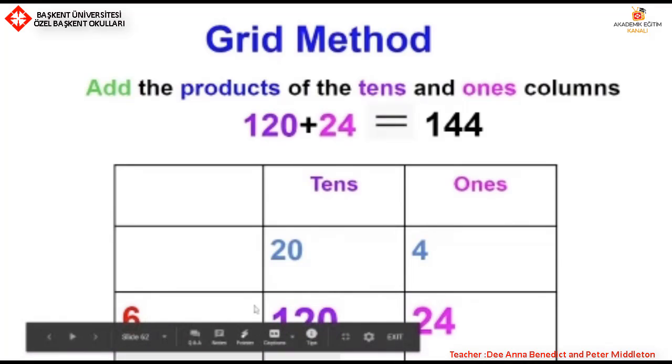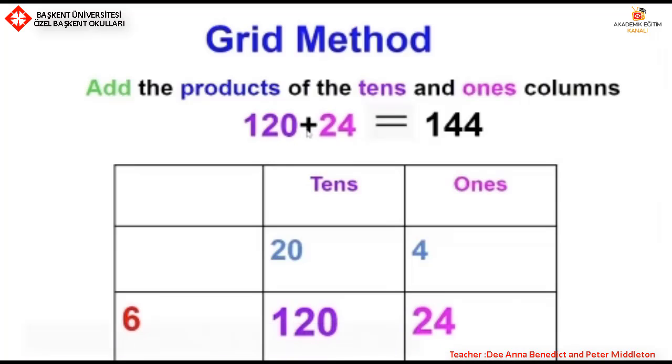Your product in the tens is 120. Your product in the ones column is 24. You will add 120 plus 24. It equals 144. So your answer is 144.